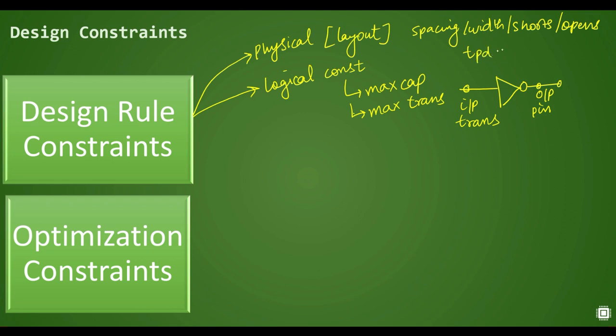That is the propagation delay, and it is a function of input transition and output load. Based on that, your delay is specified. And if your output load is more or input transition is more, then your delay might not be guaranteed as per the library that this constraint is specifying.